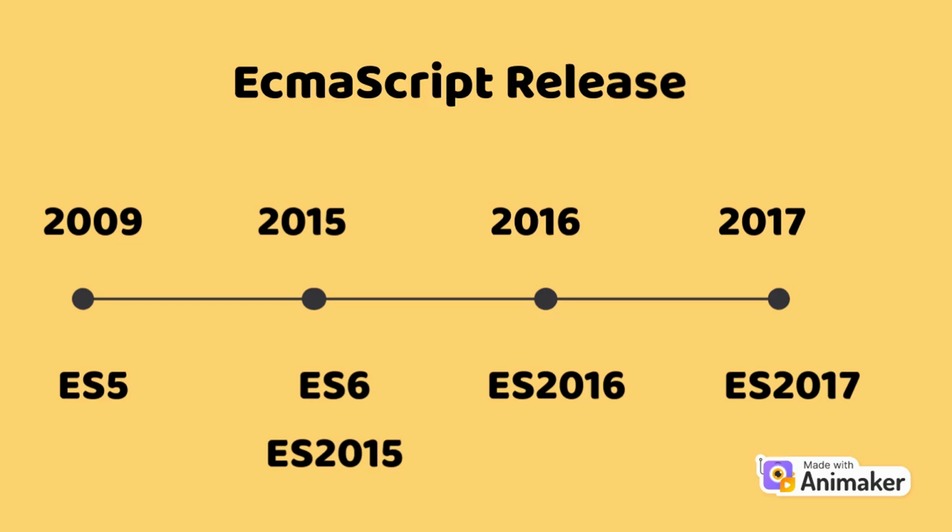Now let's talk about the TC39 committee. As discussed, EcmaScript standards are governed through a technical committee, and the TC39 committee is responsible for EcmaScript releases. The TC39 committee is comprised of people from different web-invested companies such as browser makers Mozilla, Google, Apple.